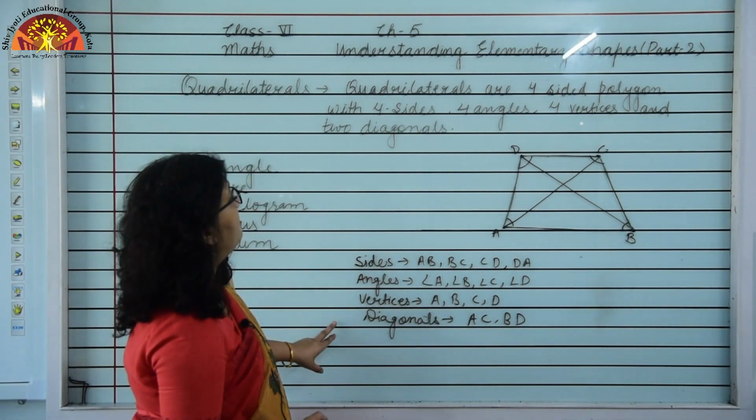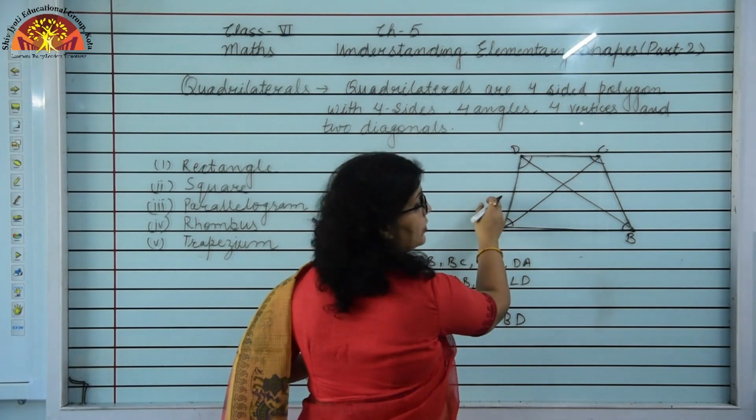Understood? These are the parts of a quadrilateral.